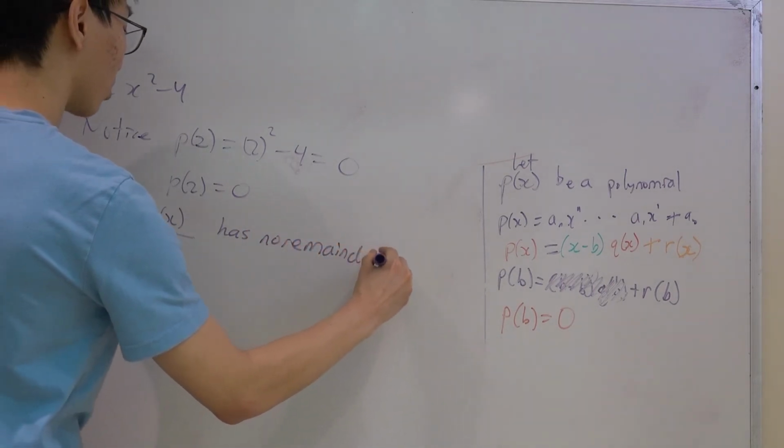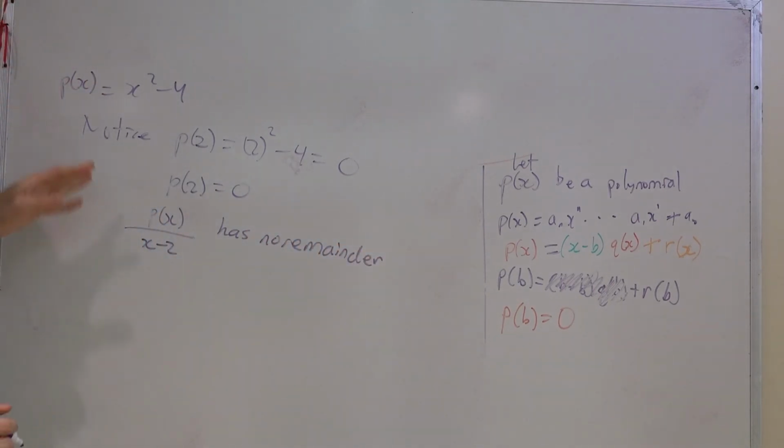I hope you copied down the remainder theorem, because if you did, you would see that this is exactly what this implies. So this tells us right off the bat that it is possible to divide p of x by x minus 2.